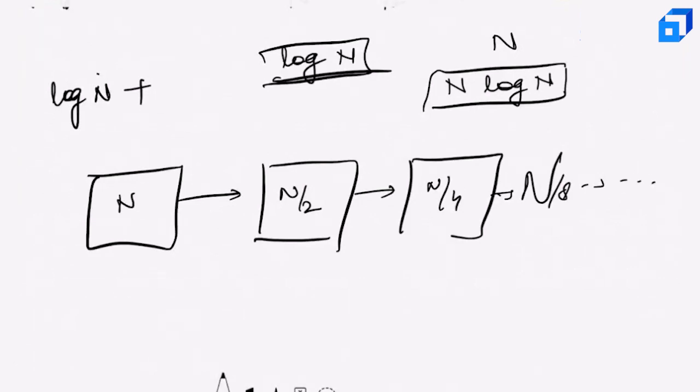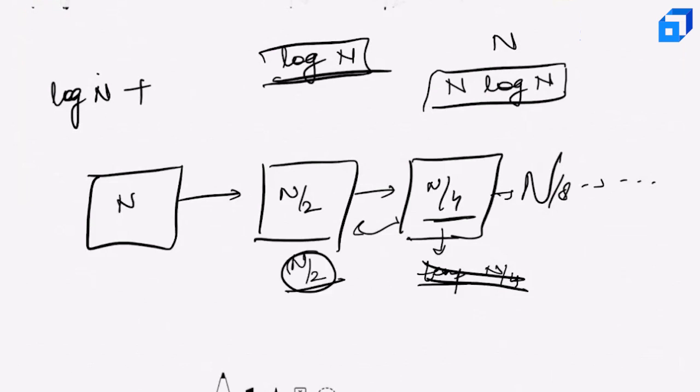In each of these, I would have a temp array allocated, which will be freed once I fill it back. So this temp array here is of size n by 4. As soon as I am done, it will be freed. Then I come back here. Here it will be of additional size n by 2. As soon as I'm done, it will be freed. And then I'll come back here and I'll have a temp array of additional size n.